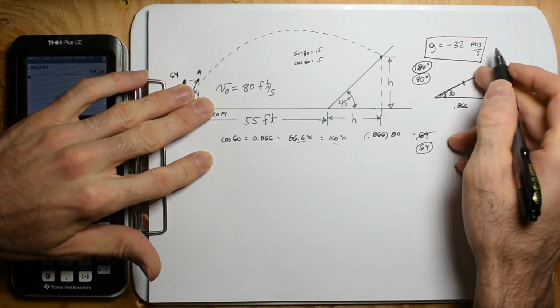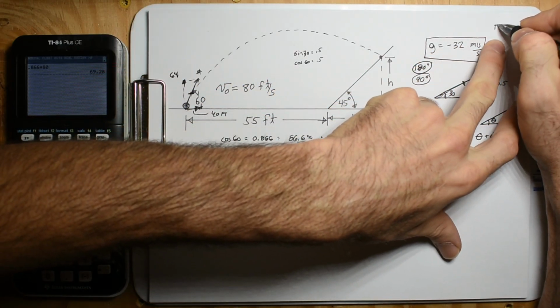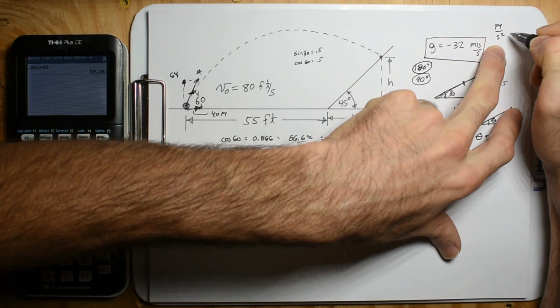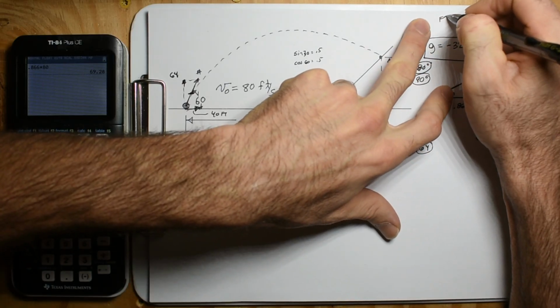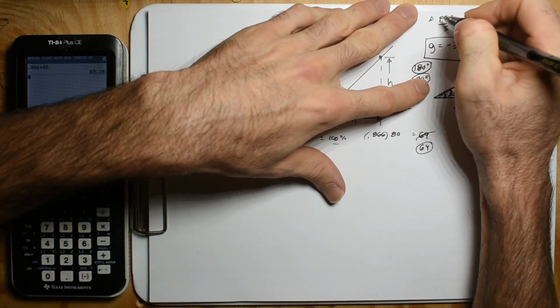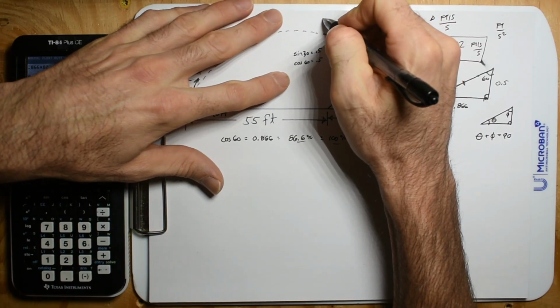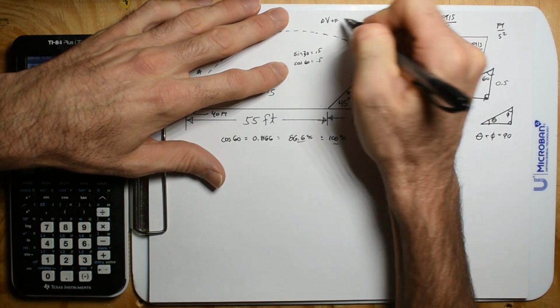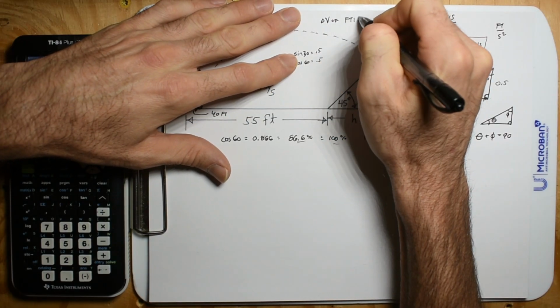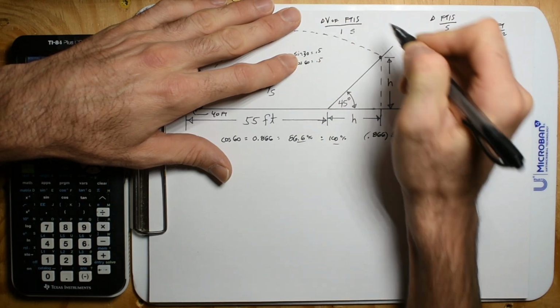What this says, and why I write gravity, which has units of feet per second squared, as feet per second and then divided by seconds, is because this is going to spell it out. It's going to be a change in velocity of feet per second per 1 second.